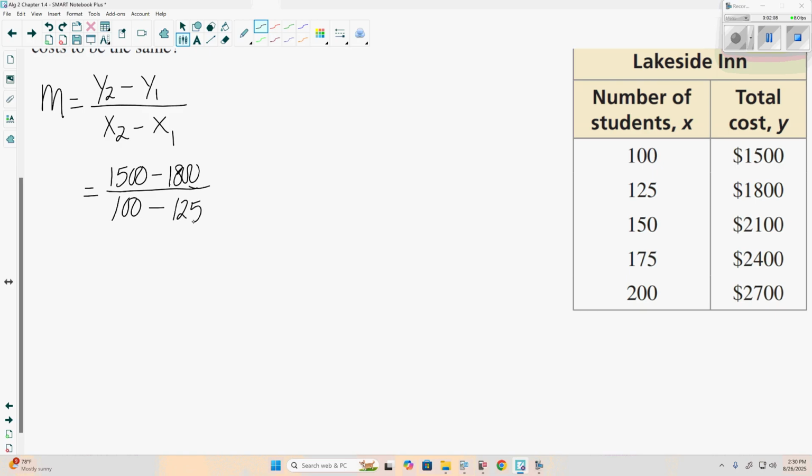Because then we can pick another Y value. Now, it doesn't really matter which one as long as it's one that's listed. So we could pick 1,800, and its corresponding X value is 125.